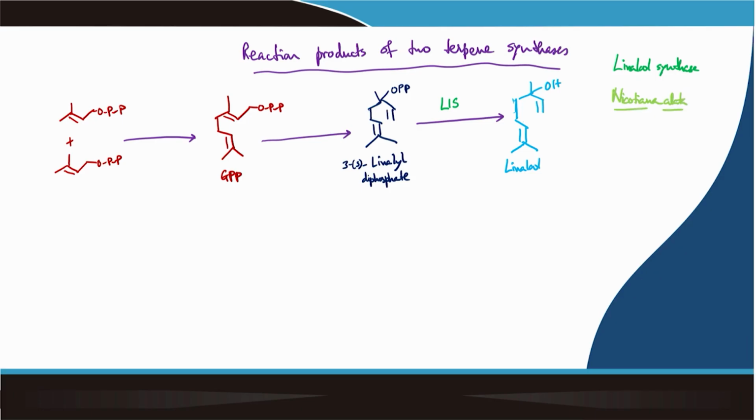That means this is basically a single product catalyzed by linalol synthase, and that was found in Nicotiana alata flowers. The floral volatiles are dominated by linalol, and that is catalyzed by linalol synthase.